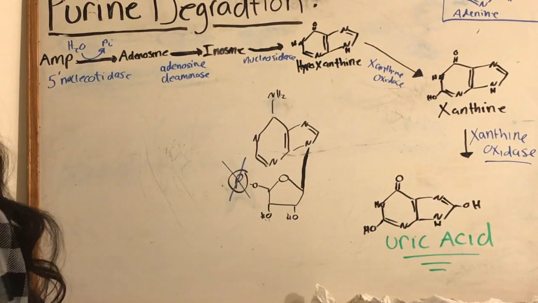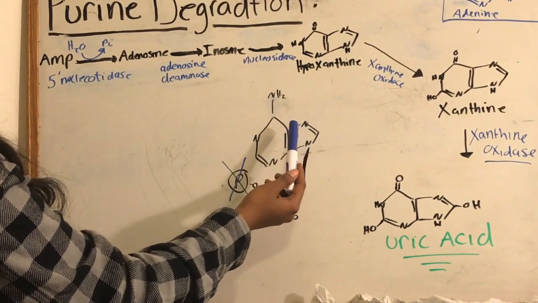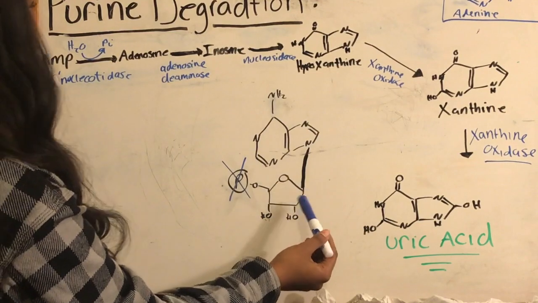Next we are left with adenosine, which is just our purine base adenine and our sugar ribose.